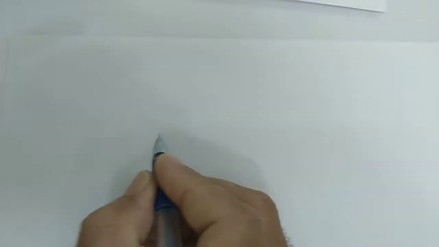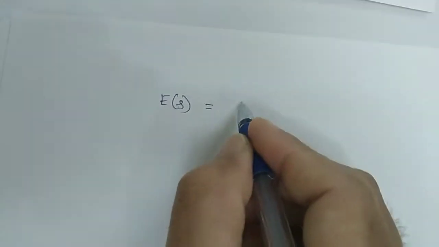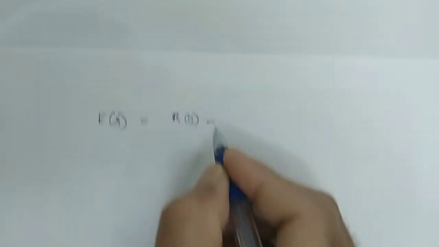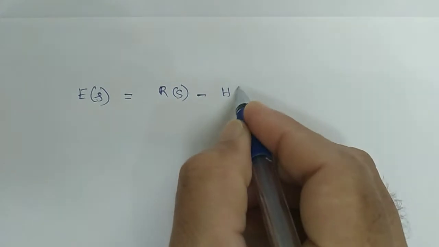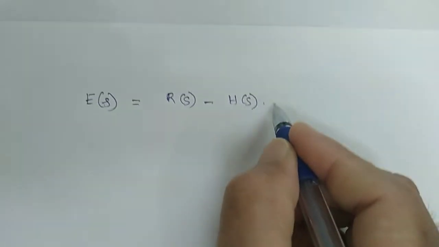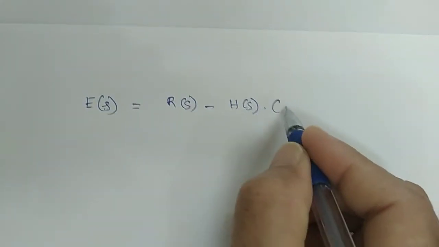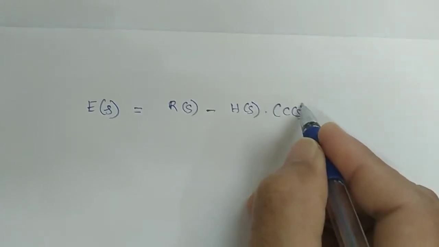So we have seen two expressions. Now I will write them again for your better understanding. This is E(s) = R(s) - H(s) C(s), is it not?